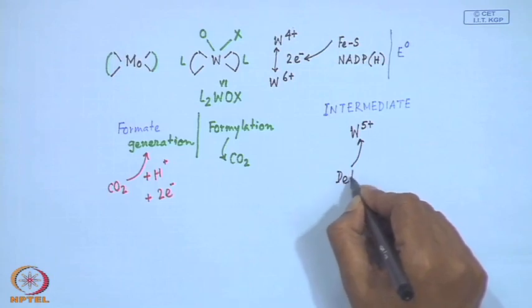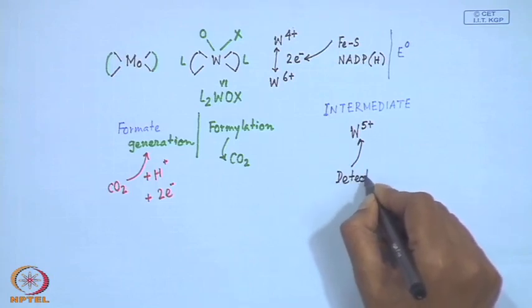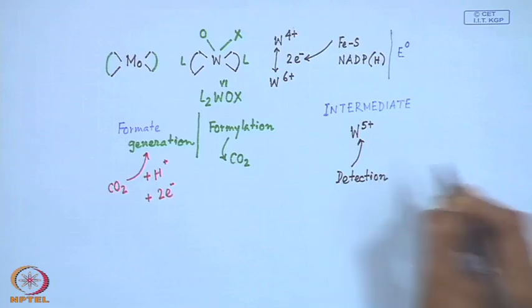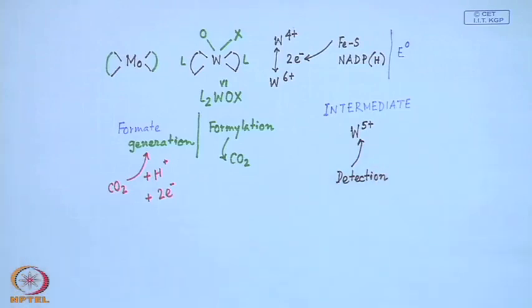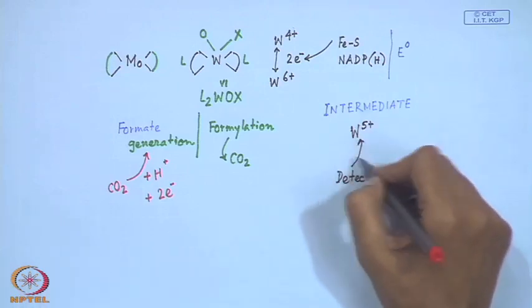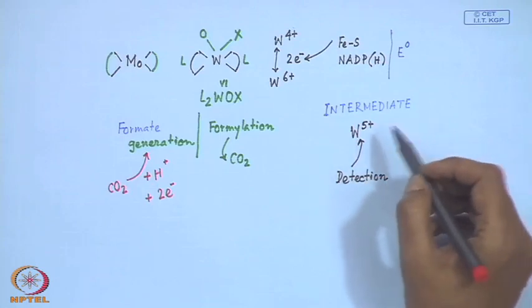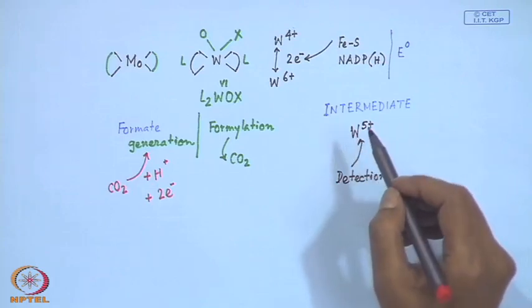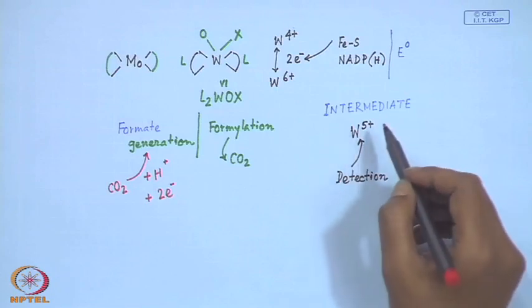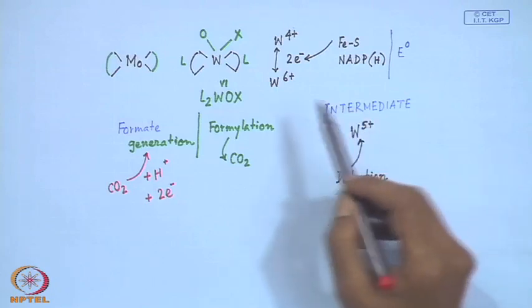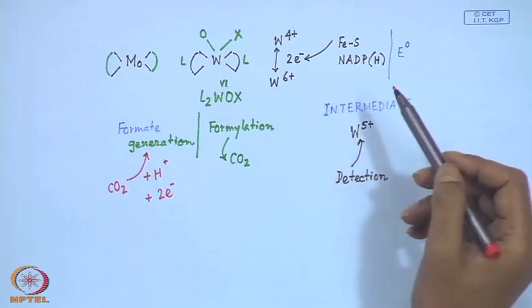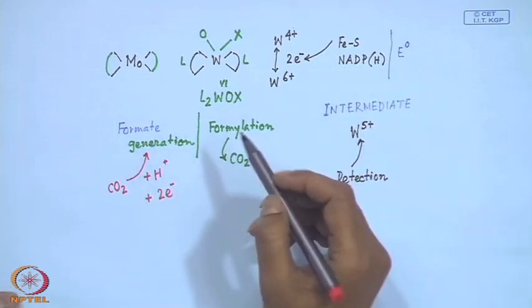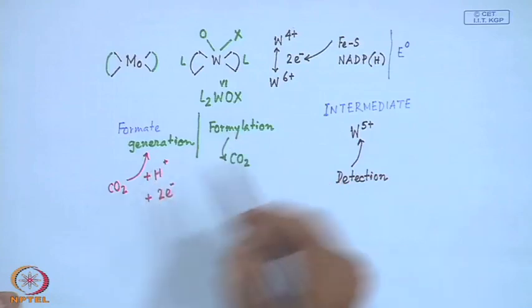So, the detection of this is possible, and if this detection is possible, we can immediately say that this tungsten 5+ is involved in the catalytic cycle, and it is basically obtained from 1 electron reduction of the hexavalent state, and finally, we get the corresponding formate anion with the help of the 1 proton also.